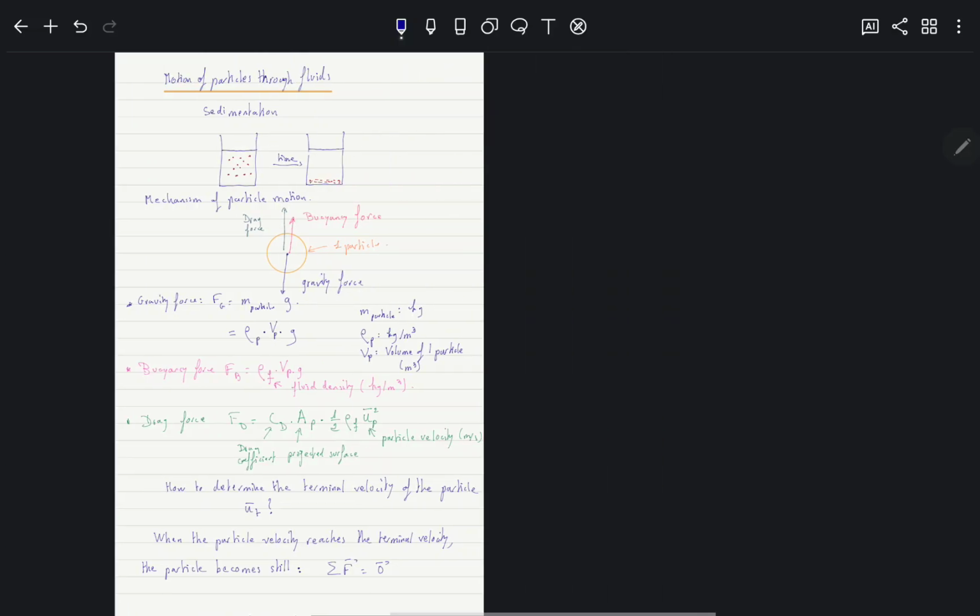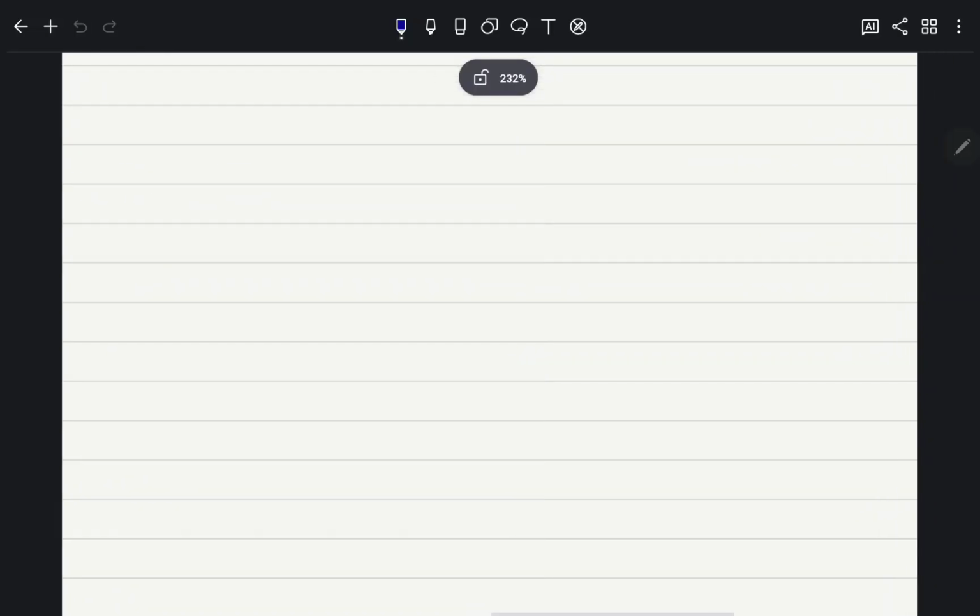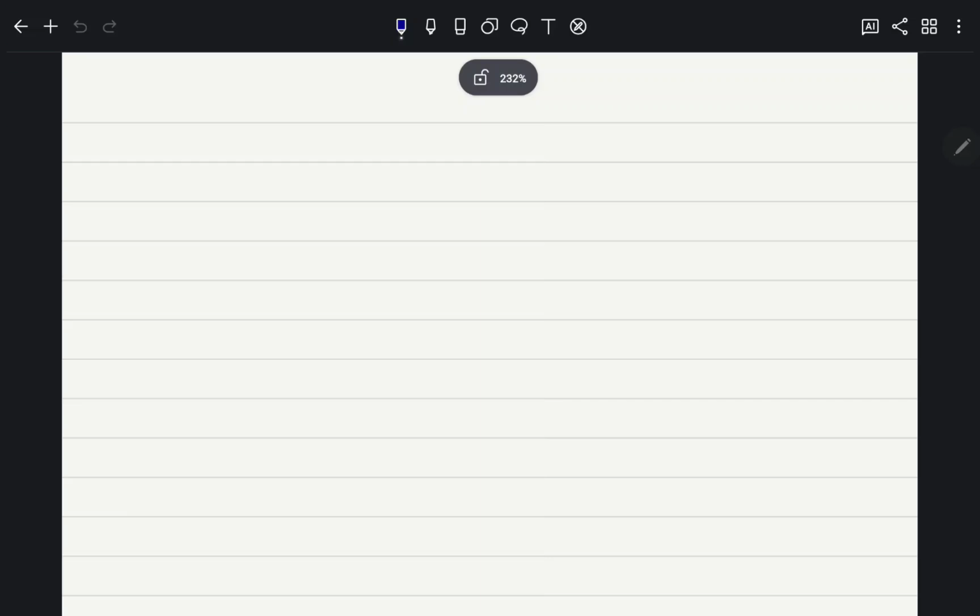Once we recognize that, we take our three forces: the gravity force, the buoyancy force, and the drag force. And we're going to write that force balance in the z direction. So take the z components of these forces and write that the sum of these forces equals 0.